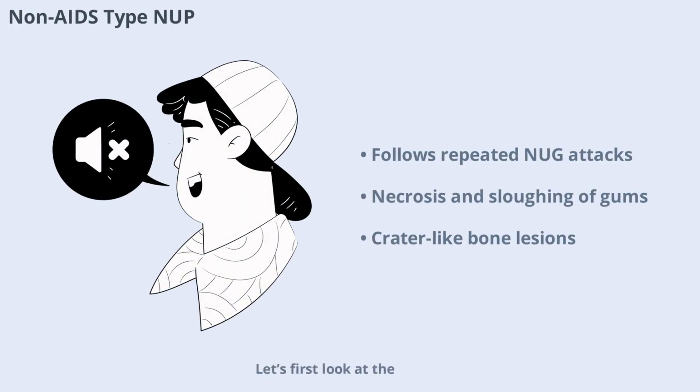Let's first look at the non-AIDS type of necrotizing ulcerative periodontitis. This form usually develops after repeated episodes of necrotizing ulcerative gingivitis. The clinical features mirror those of NUG, including painful necrosis of the gingival margin, which is covered by a grayish pseudomembranous slough.